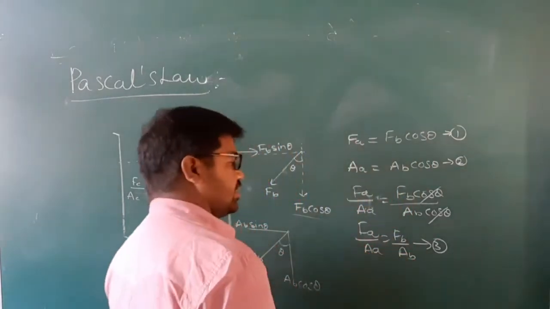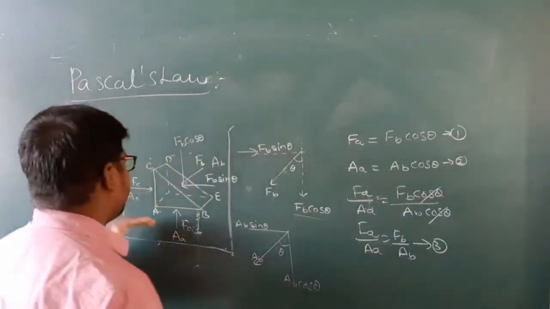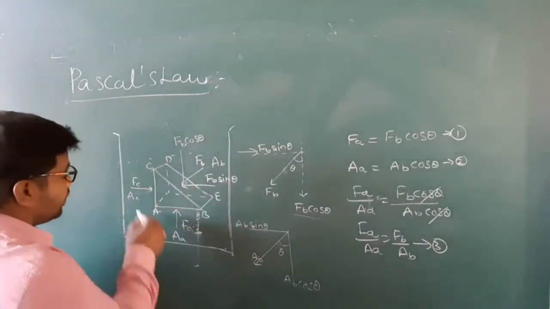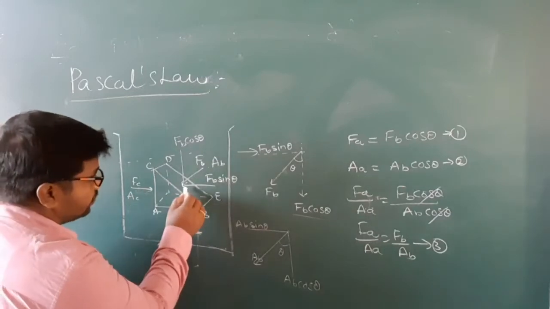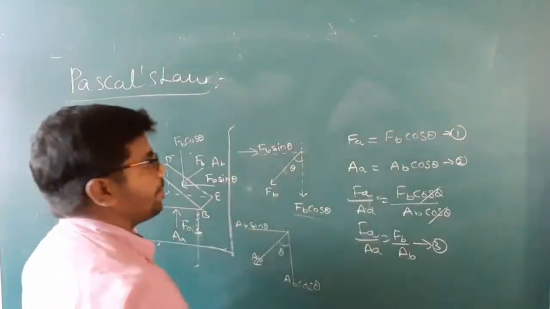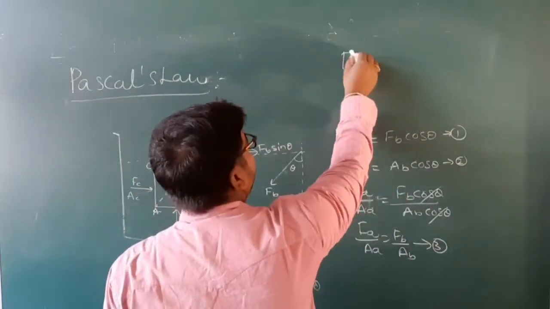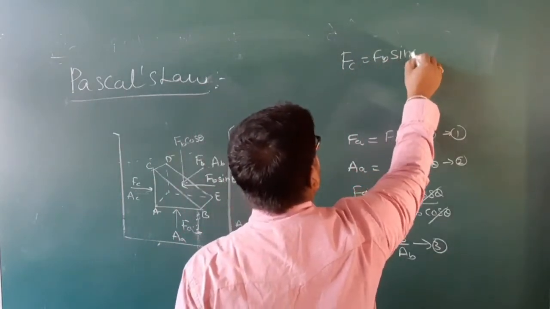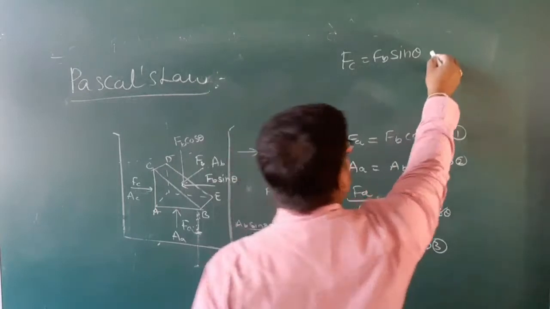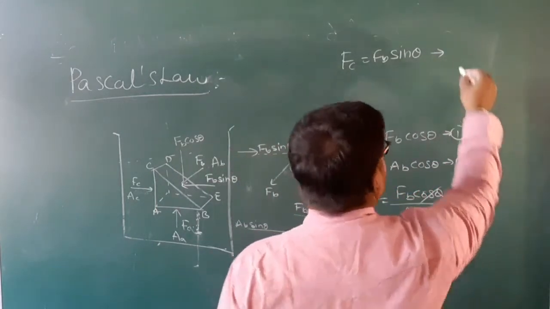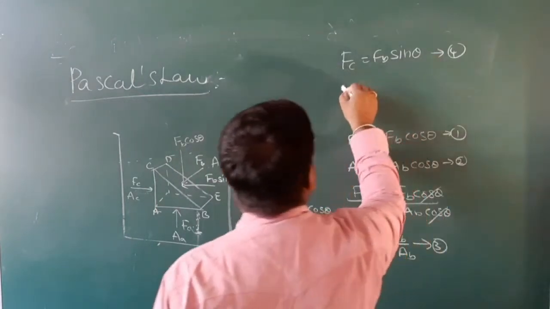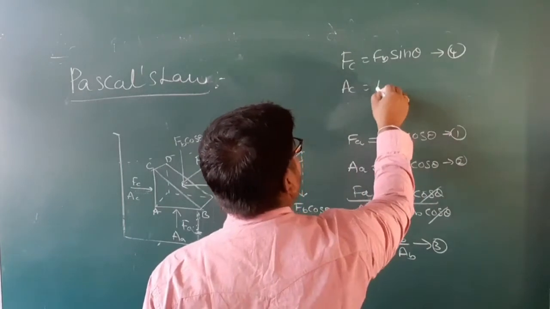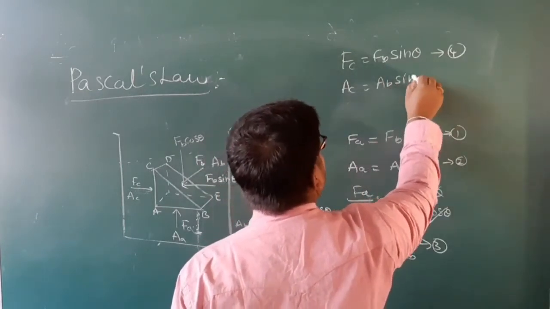Horizontally, FC is equal to FB sin theta. This is equation 4. Then AC is equal to AB sin theta.